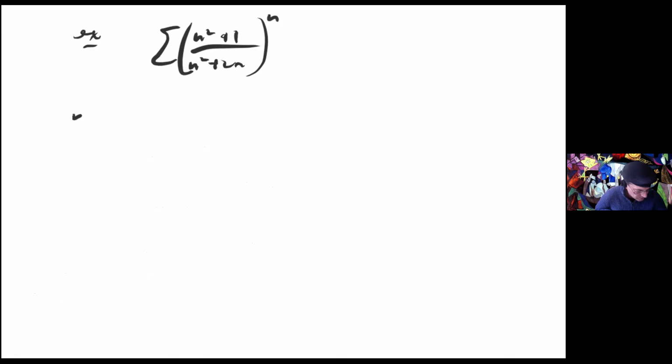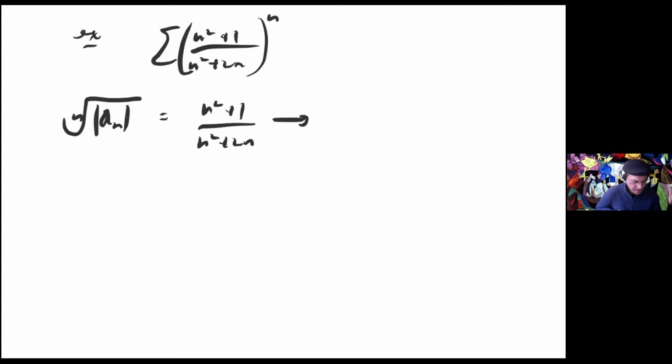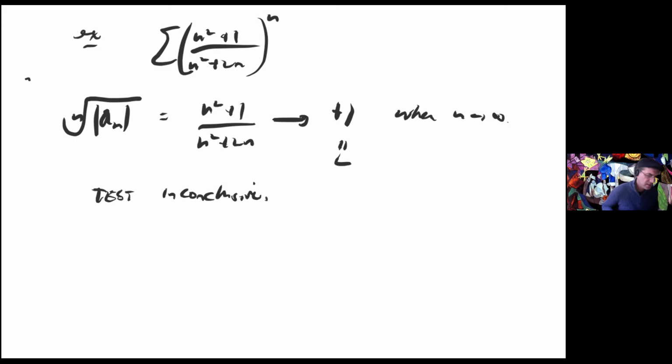So the nth root of the absolute value of a sub n is n squared plus 1 over n squared plus 2n, and that tends to 1 when n goes to infinity. And so this is our L, so the test is inconclusive. If you want to see what's going on with this, we have to use a different method. And as far as I know, we don't have a method to study this yet.